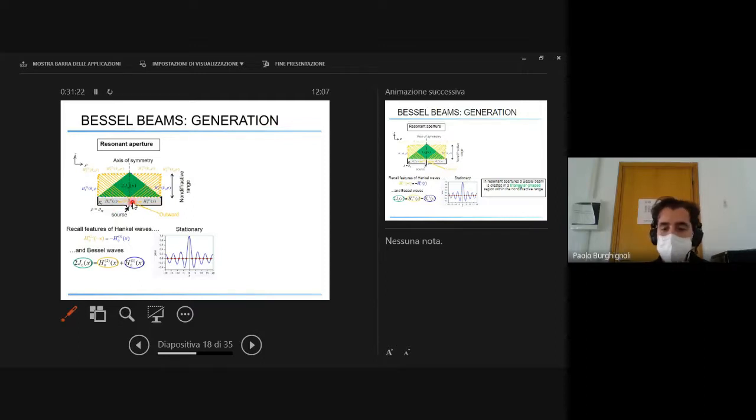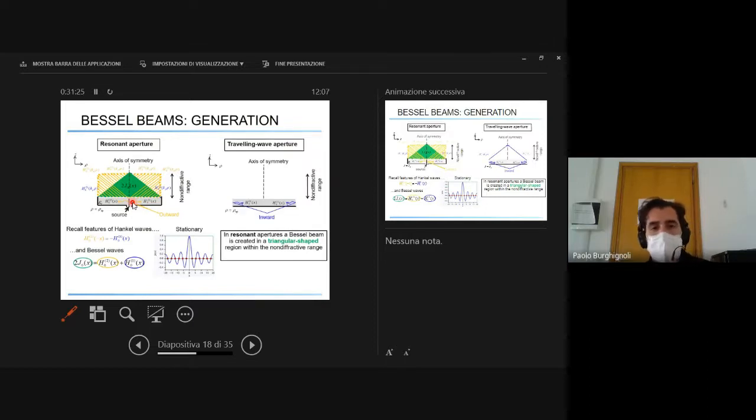triangular-shaped region where you have a constructive interference of rays and then the generation of a Bessel beam in this region. On the other hand, you have another possibility to generate a Bessel beam from an aperture, and this requires an inward Hankel function distribution over the aperture. We will see next how it is possible in practice to have an inward Hankel aperture distribution in a realistic device.